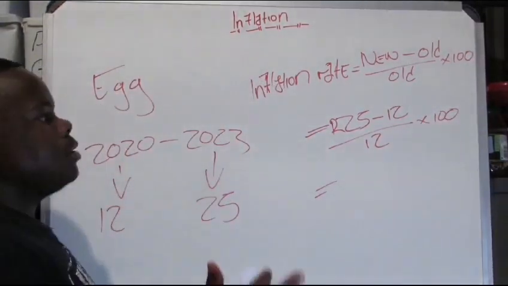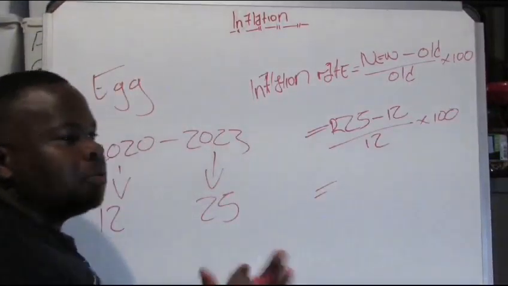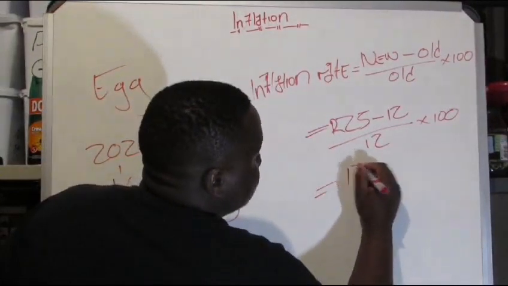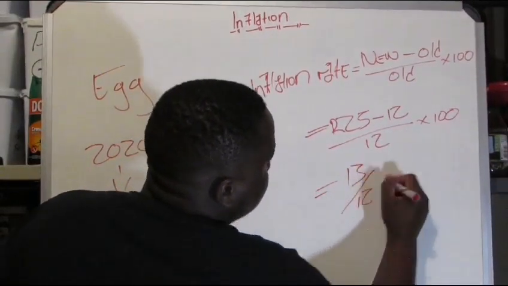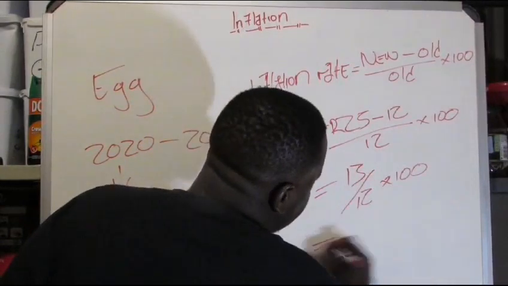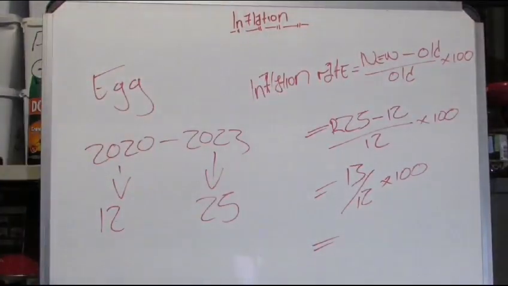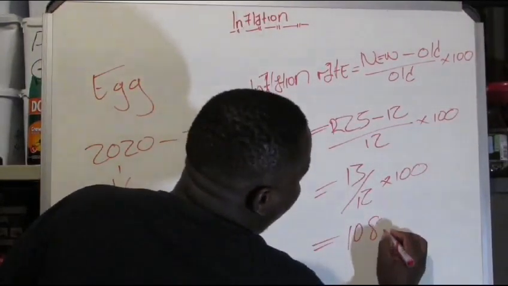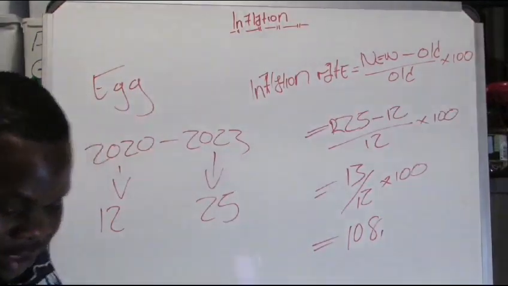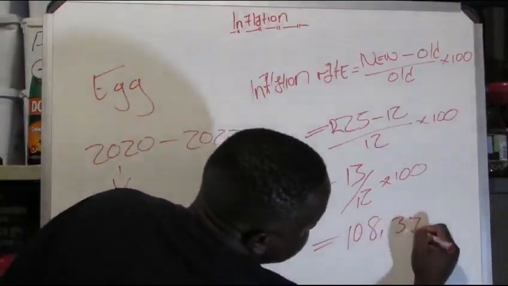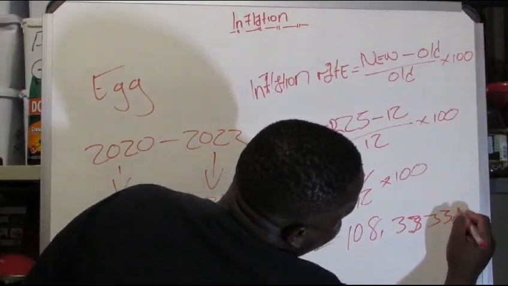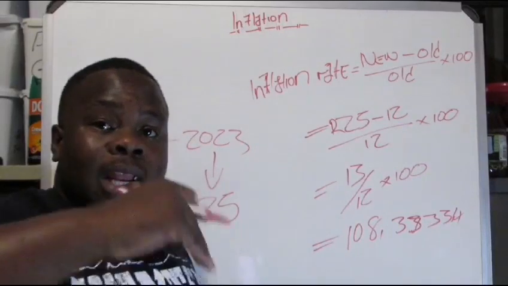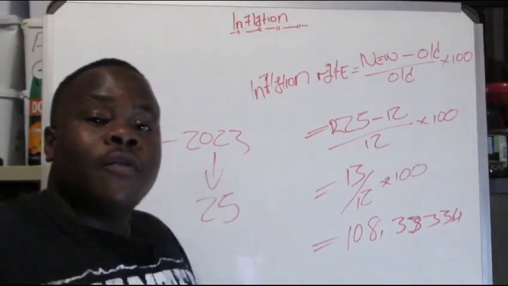Take your calculator, or you can just use your head, guys. At this stage, people should really avoid using calculators that much. But either way, it's gonna be 13 over 12 times 100, and then we get our final answer. That means our increase here is not a decrease; it's an increase of 108.3333314. But you also have to know this: every time, at the beginning of your paper, it always says you have to convert to 2 decimal places.